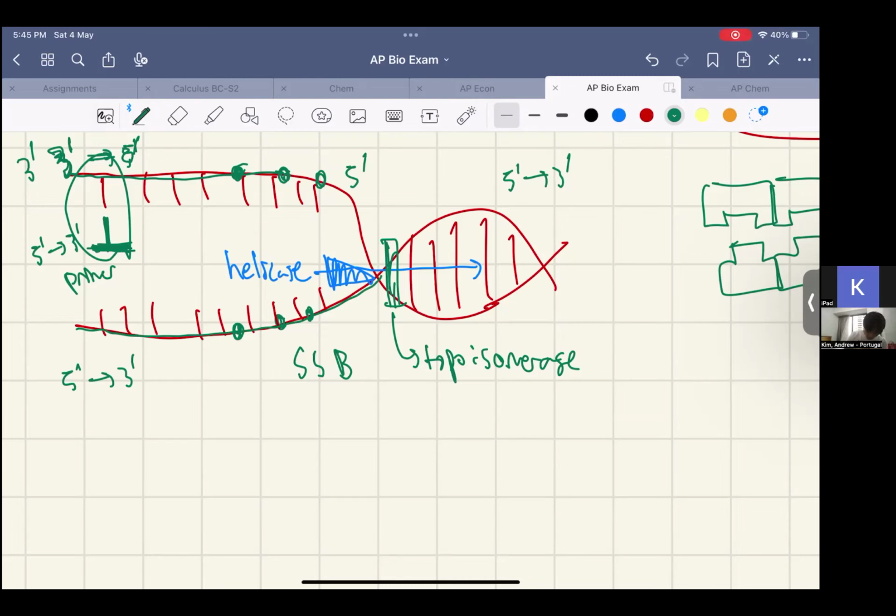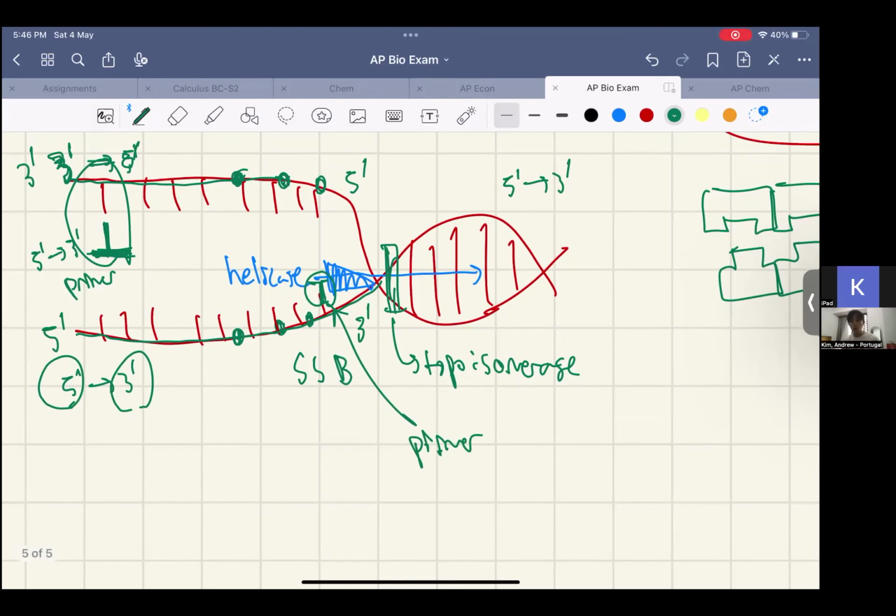Well, since as I mentioned, this down strand moves from 5' to 3', this part is going to be 5' and this part is going to be 3', right? That is why instead of primer being added here, the primer will be added here. Okay, so this is where primer will be added for the strand below.